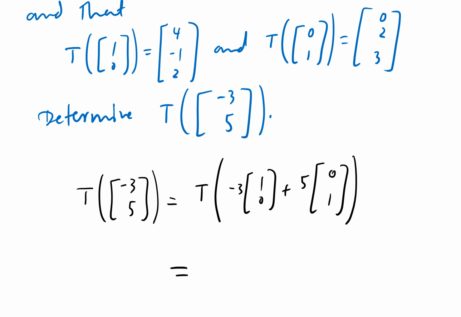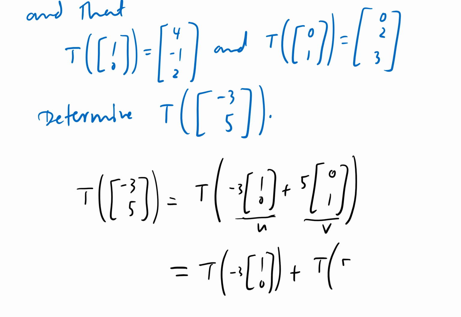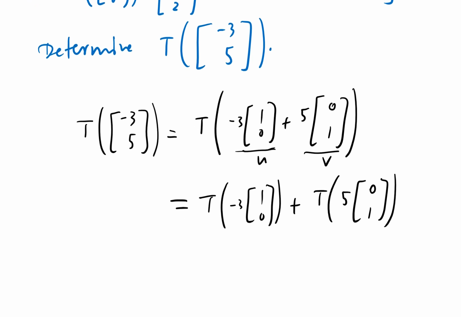Then, since it's a linear transformation, this is like a vector u and this is v, so it's T of u plus v, which is T(u) plus T(v). Another property of linear transformations allows me to pull the scalars out. So we take -3 out, T(1, 0), plus 5 out, T(0, 1).